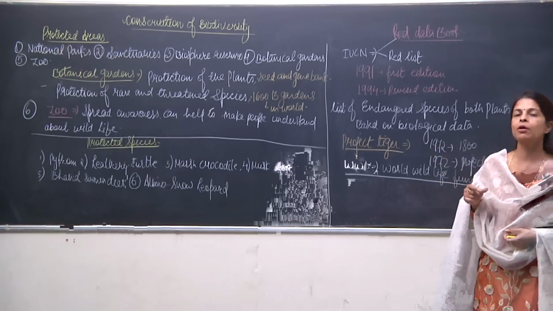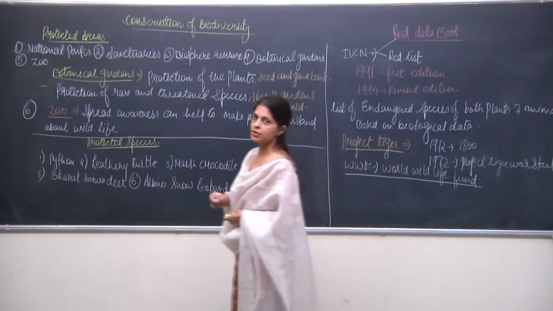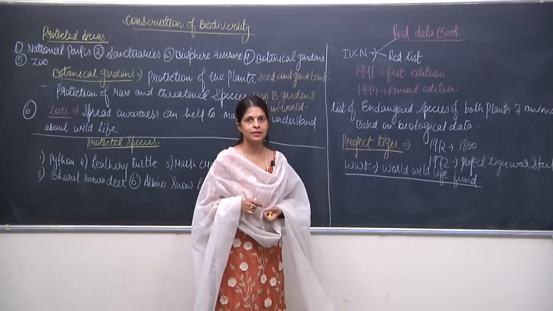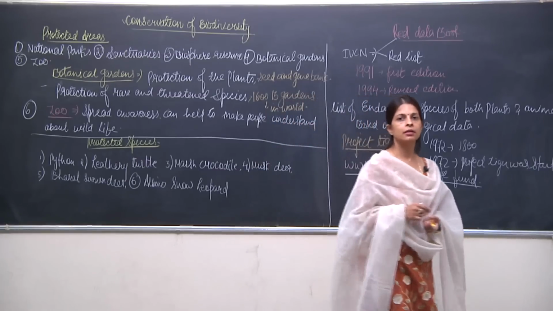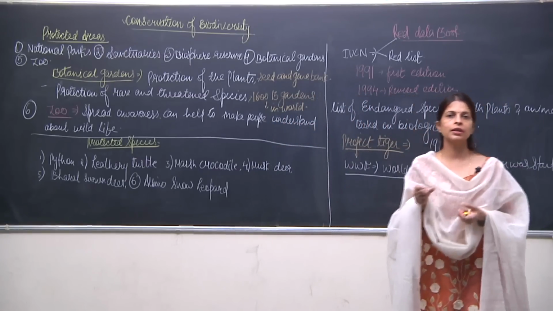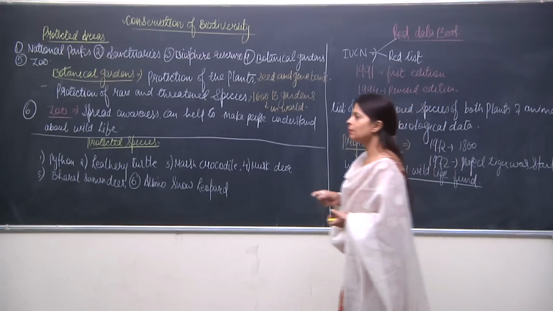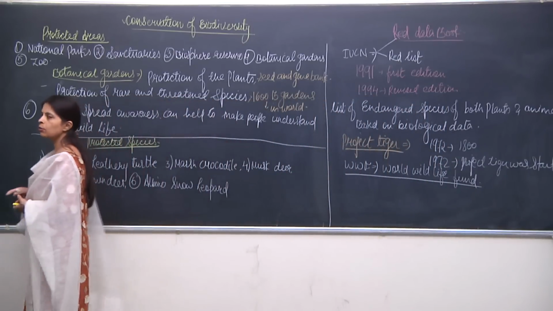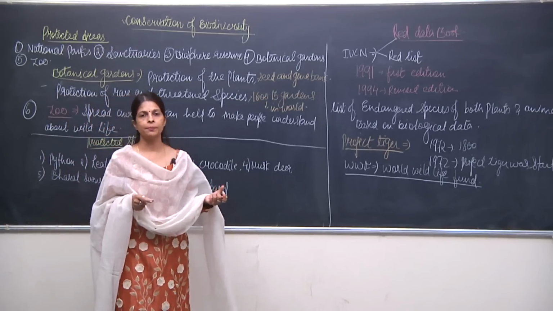If you want to talk about anything related to success, we really need to talk about Project Tiger. The number of tigers has now increased. The species which was on the edge of extinction, on the door of extinction, now the number has increased pretty well, and this has become possible only due to the steps taken by the government.